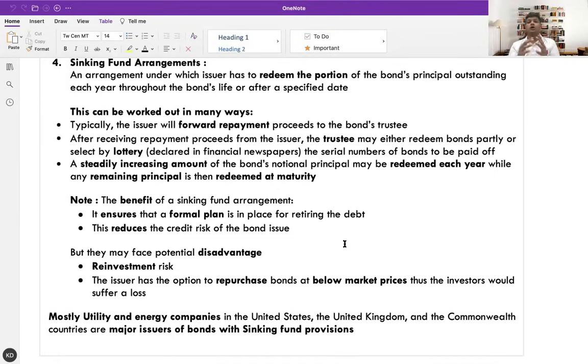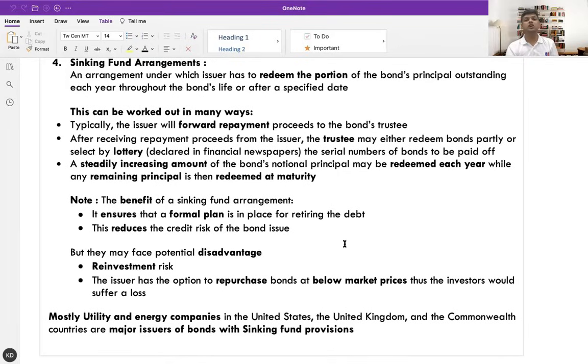From their operations, whatever money they generate, let's say around $5 billion is what they keep aside every year. What will be done with this $5 billion? They will reimburse some of the bondholders out of the $100 billion. Are you getting it?